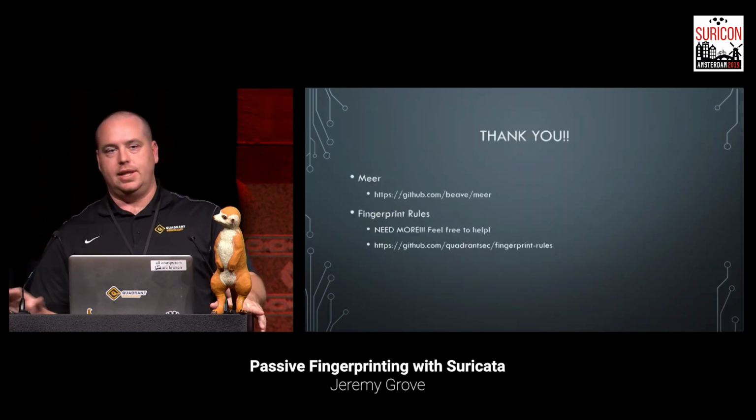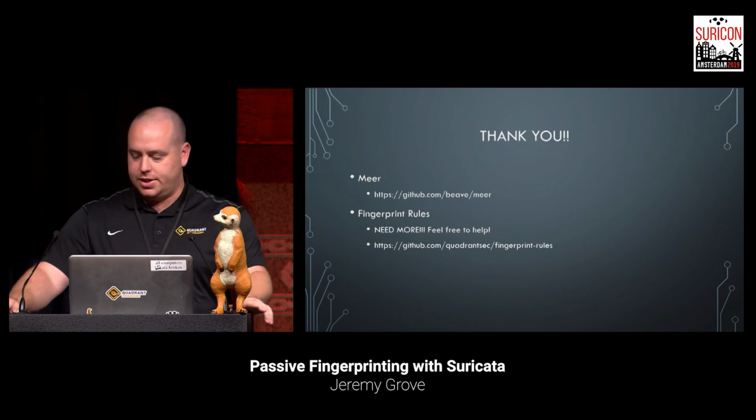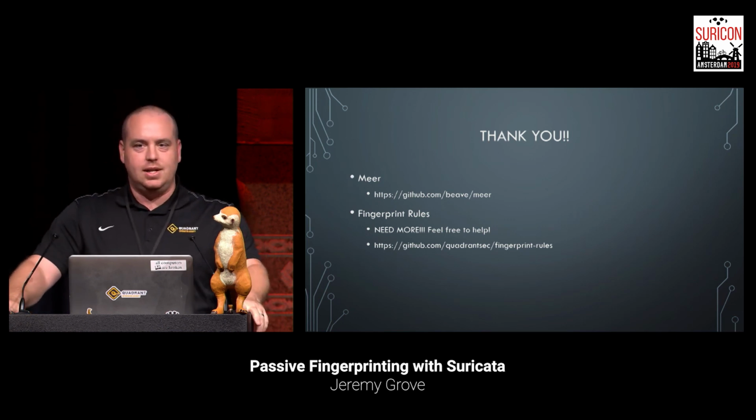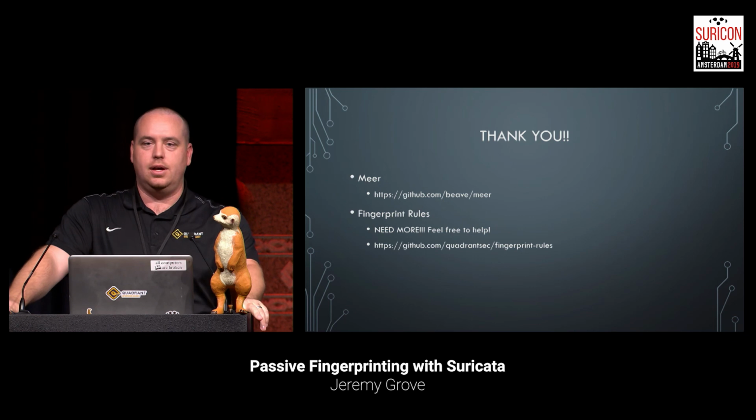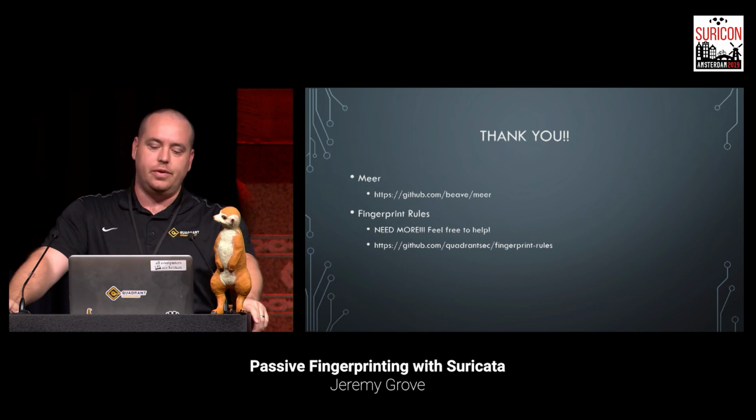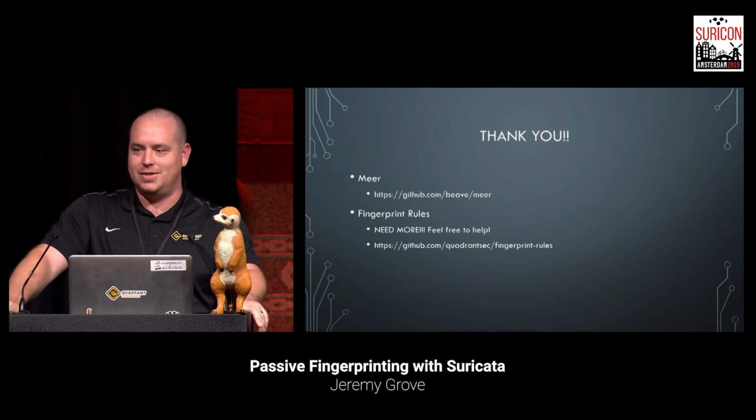So in general, that is the system in a nutshell. It is going to expand from here now that the basic process and the nuts and bolts work. As we go, there are going to be more fingerprint rules. We've made them available through GitHub, and if anybody loves writing rules and feels a want and a need to help, please feel free, or I will be writing these thousands of rules on my own.